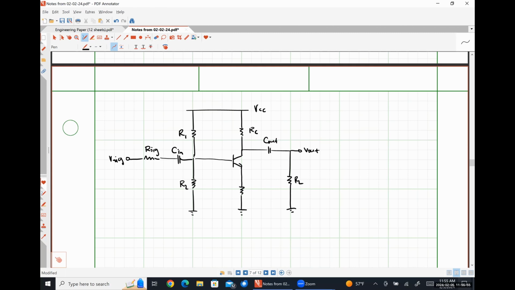A capacitor, absolutely right. So one option is to put a large capacitor, let's call it CE, in parallel with it, such that the capacitor is large enough to look like a short circuit at our frequency of interest, so that our DC bias circuit remains completely intact.